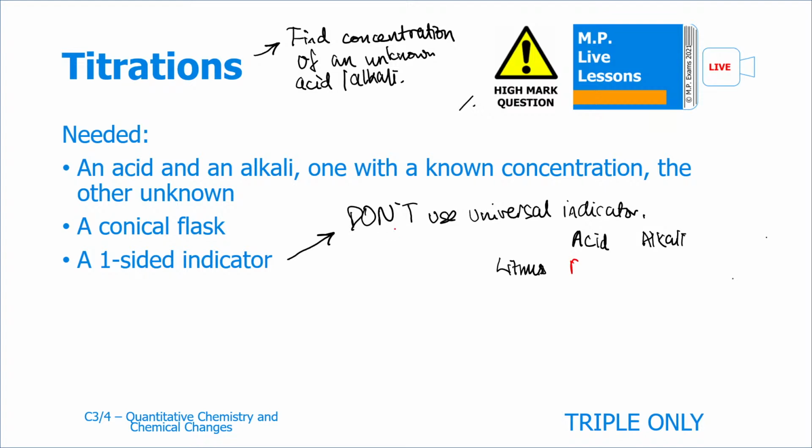This is red when it's an acid, and then blue when an alkali. Another you could use from the top of my head is methyl orange, which is yellow as an alkali, and then it turns red as an acid.